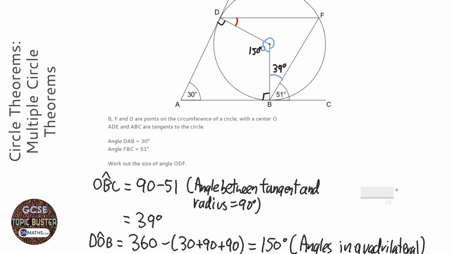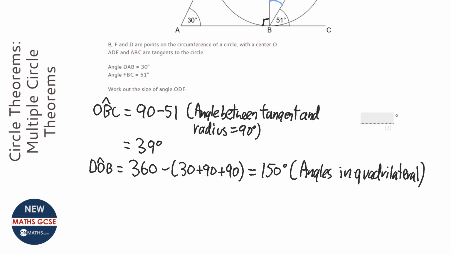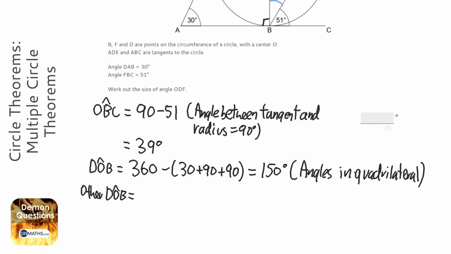Okay. And it's very difficult to know what to call this angle because we've already called DOB once. So we could call this other DOB. Let's go for that. Other DOB equals 360 minus 150. Okay, and the reason for that is just angles on a point.